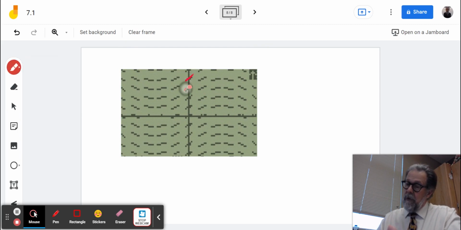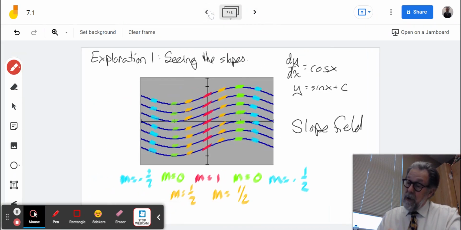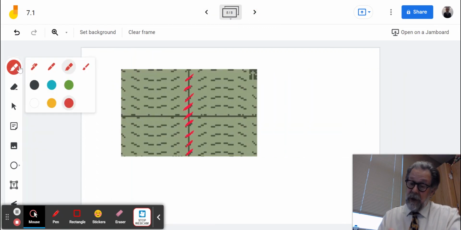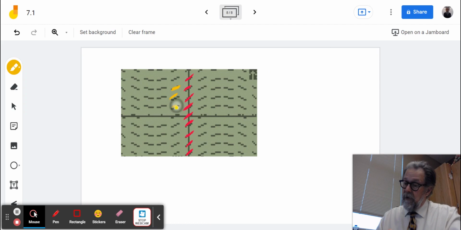We have a slope of 1 right here. We have a slope of 1/2, and I'm just going to try to be consistent on colors. Slope of 1/2 at the gold. So right here, a slope of 1/2. And again, these are approximately, I'm just sort of saying probably about 1/2.